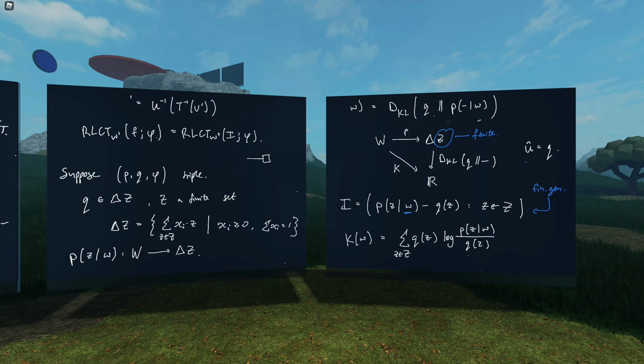And so yeah, the RLCTs match on some neighborhood at that point, but somehow because there's only one, because the model G in the notation of the theorem is identifiable, there's only kind of one fiber ideal. Right. At least in the regularly parametrized case.